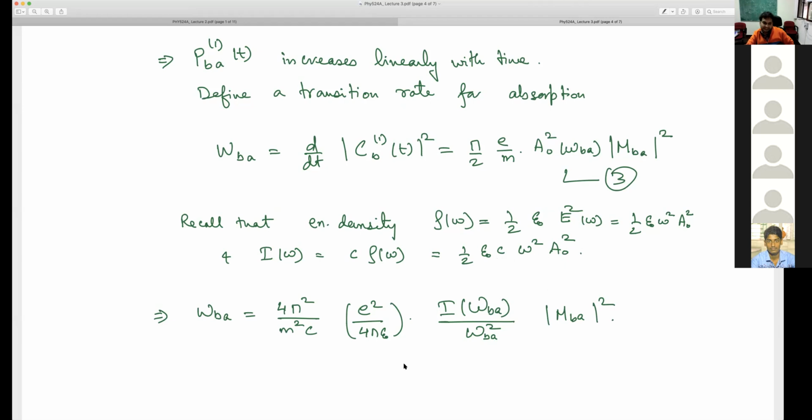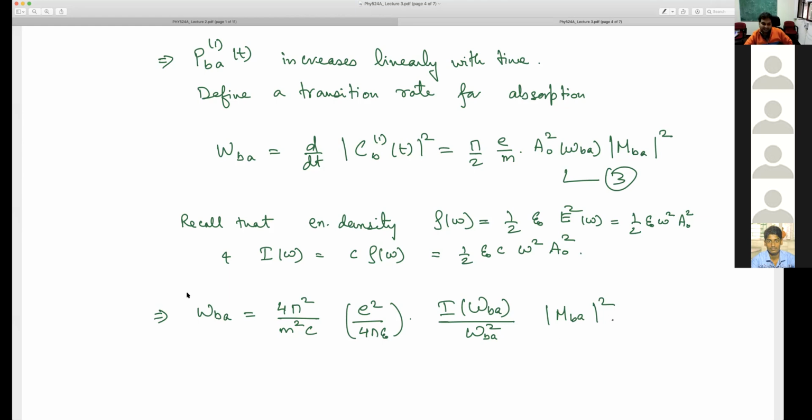So using this, I can write down this W_BA, just this relation 3, as 4 pi square by m square c, e square by 4 pi epsilon naught, so the squares of e and m are restored here, and I of omega BA, the intensity at this frequency divided by omega BA whole square to connect it to A0, and M_BA whole square.